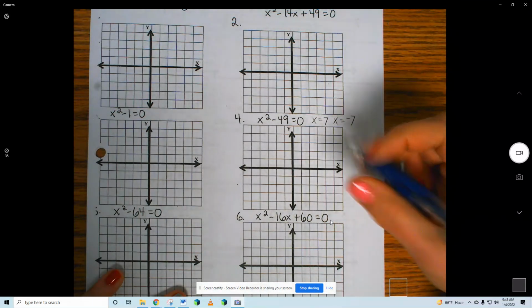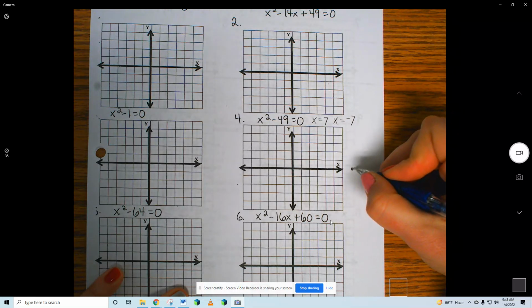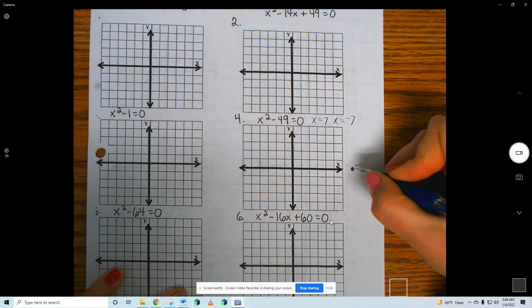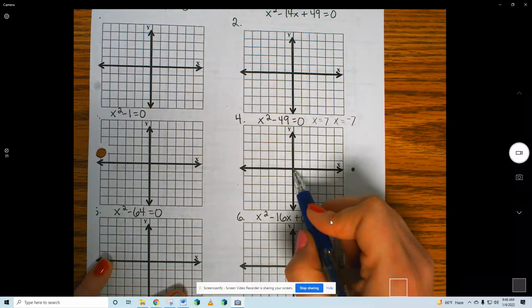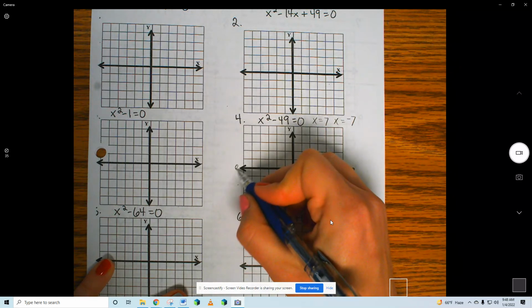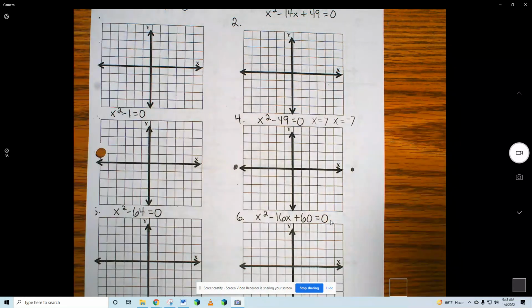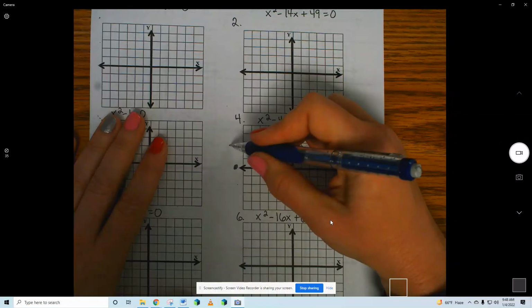On my x-axis, 1, 2, 3, 4, 5, 6, 7, like approximately there. And then x equals negative 7, 1, 2, 3, 4, 5, 6, 7, approximately there. And I have to draw a super wide U shape because it has to hit both.